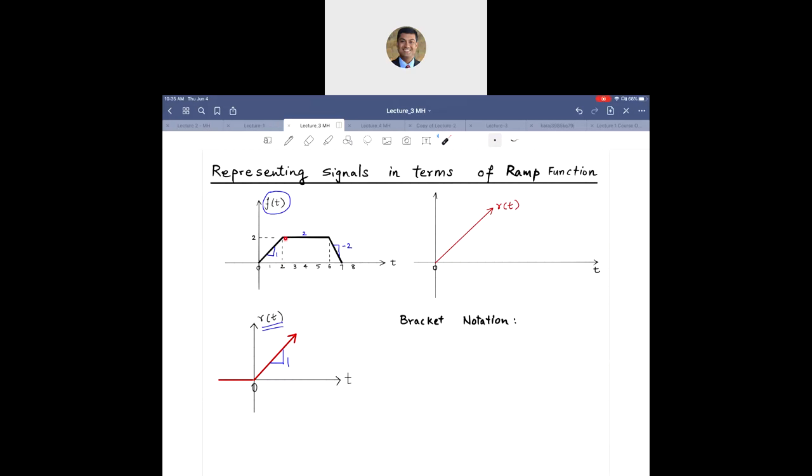So I need to make sure that I cancel out something going up with a slope of 1 by subtracting something that has a slope of 1. But I need to do that at time 2. So let me draw the second piece in blue here. That was going up. Now this needs to go down.